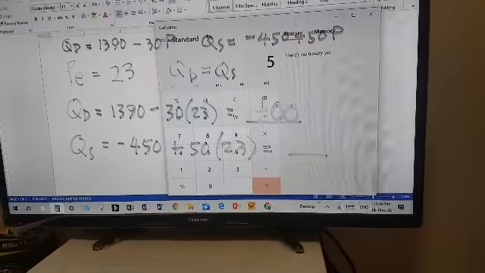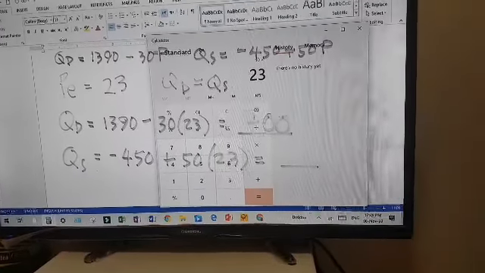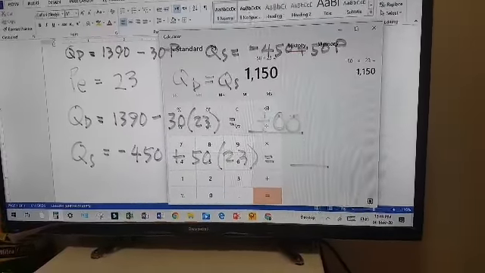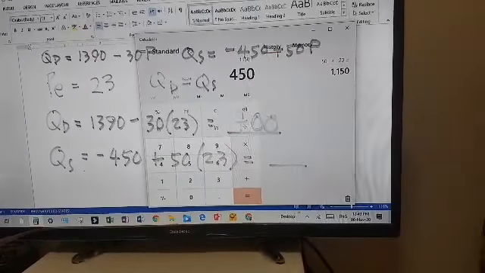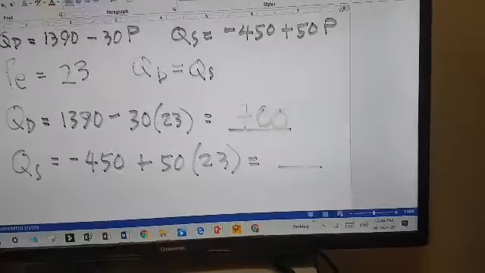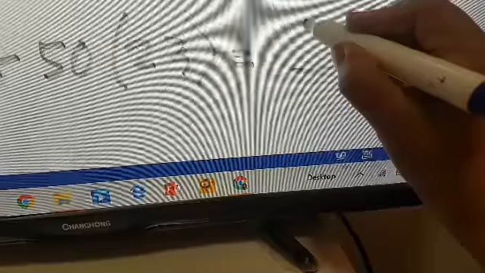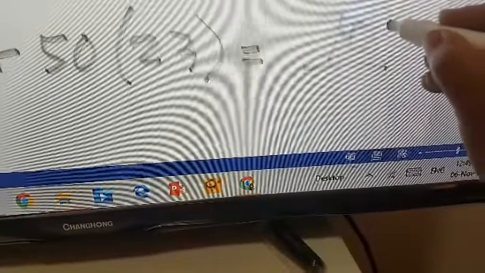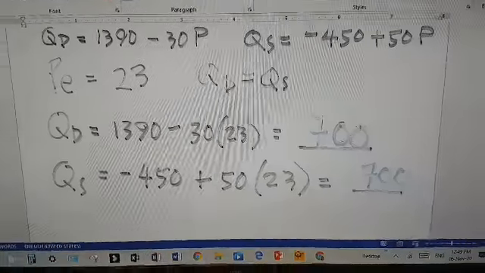So 50 times 23 equals 1150. And then you take away 450, and it's 700 as well. Okay, so, well, we know that the answer will come out the same, but I just want to show you that either way, either equation will give you the same answer.